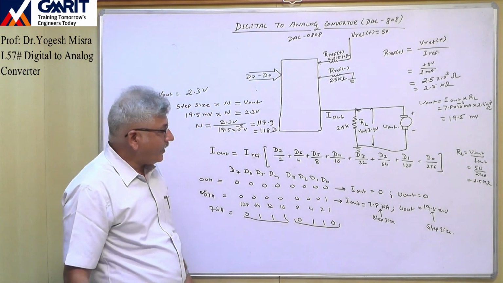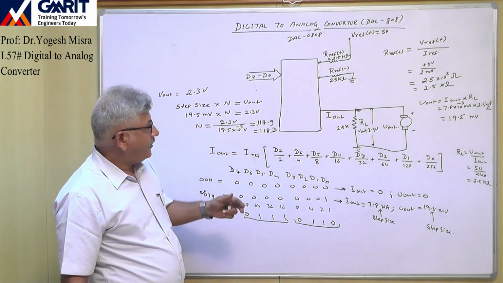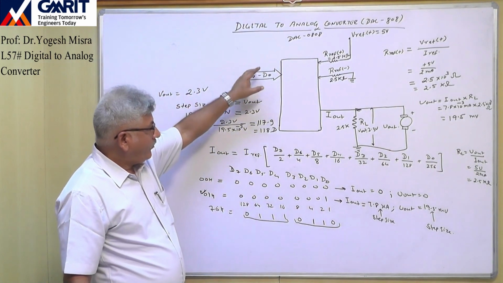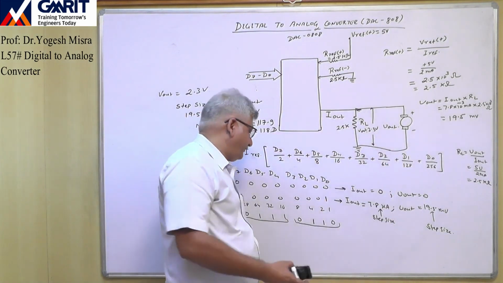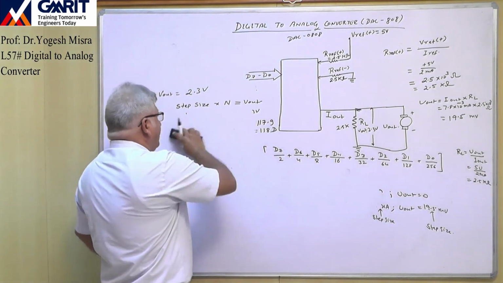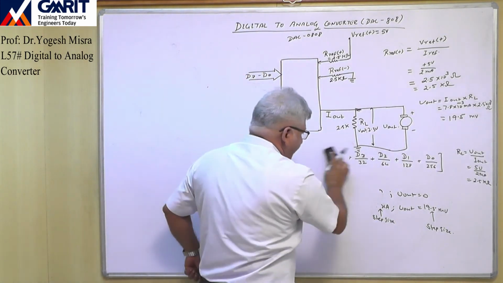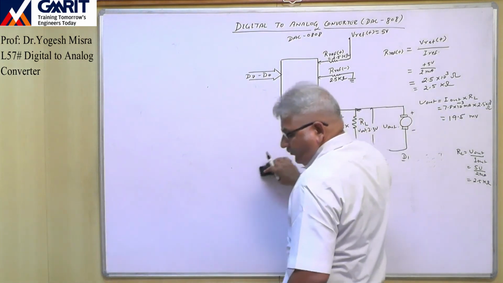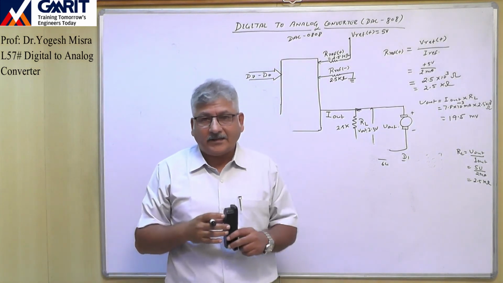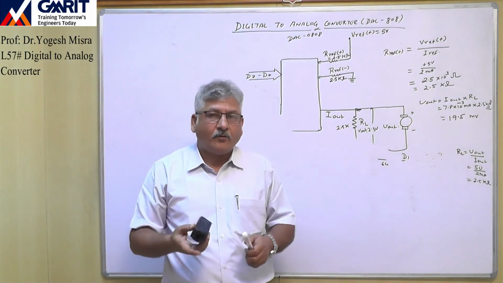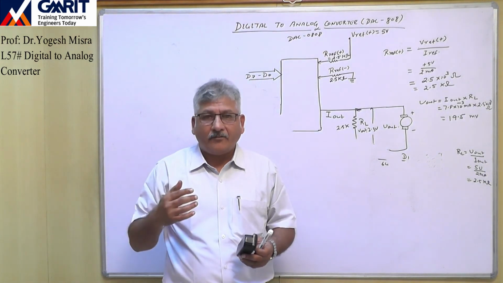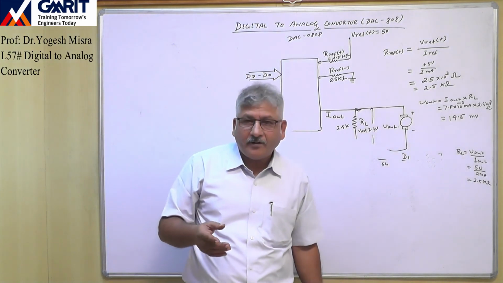So in this way you can calculate the required digital value for a particular output voltage. Now in the next lecture we will see a few applications of this DAC: how we will write the program so that we can generate a triangular wave or sawtooth wave. Those programs we will write in the next class.